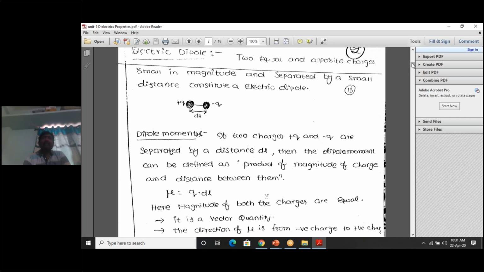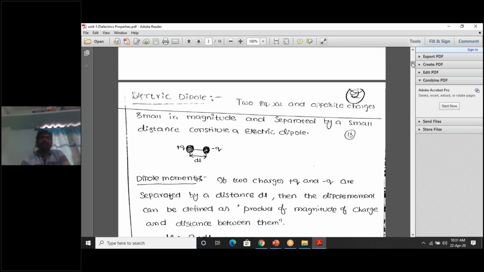I already told you dielectrics will show some property which is called polarization. Polarization is nothing but the formation of these electric dipoles. Simply, formation of these electric dipoles. Okay. So, for example, by certain conditions, if you apply an electric field on a dielectric material, it will form an electric dipole. That means a positive charge and a negative charge get separated by a small distance dl.